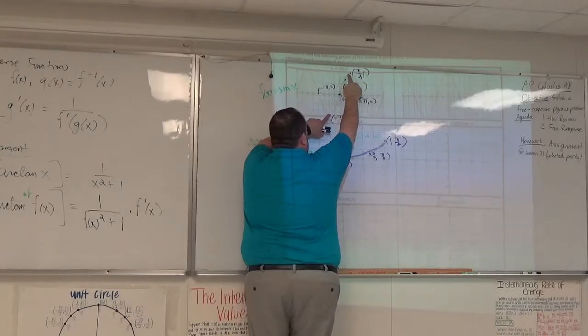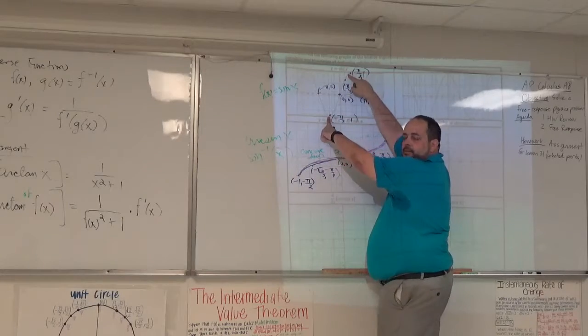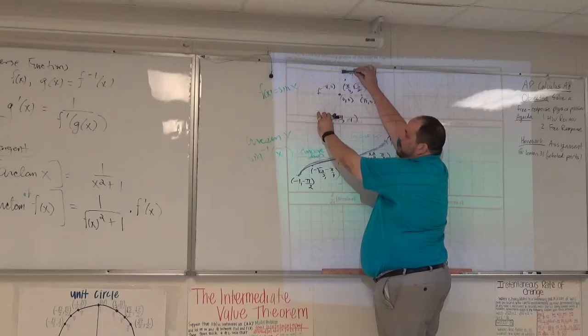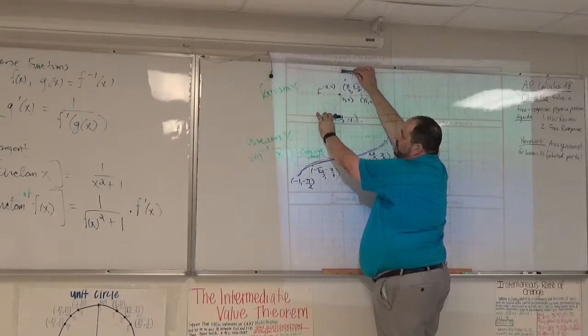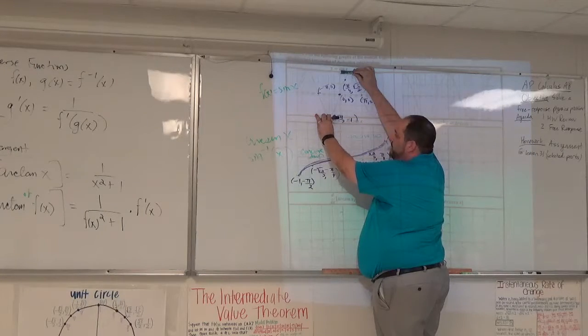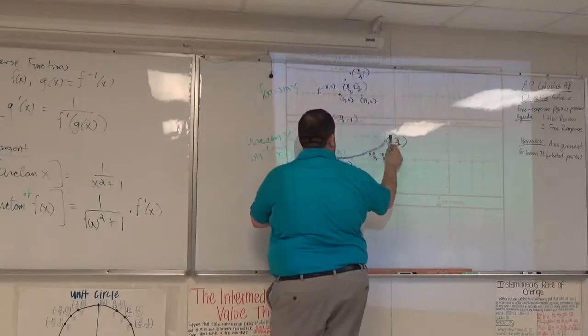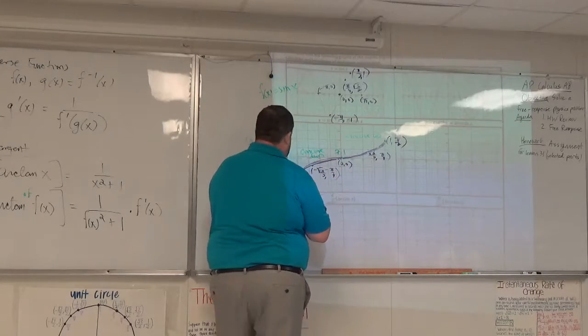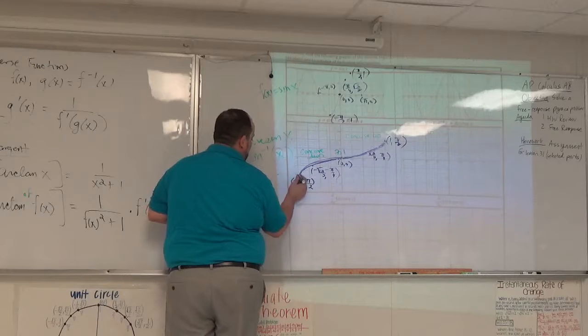Negative 1 comma negative pi over 2 comes from negative pi over 2 comma negative 1. What happens with the tangent lines here and here? The tangent line is horizontal here and horizontal here, which means they become vertical here. So you have a vertical tangent line at negative 1.